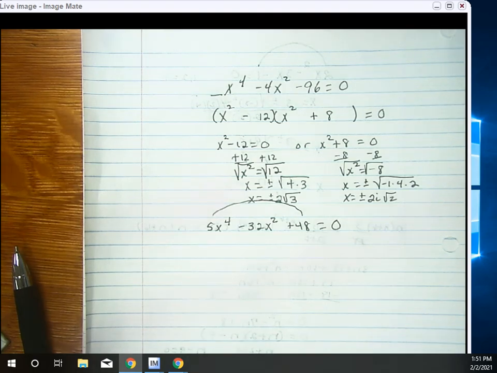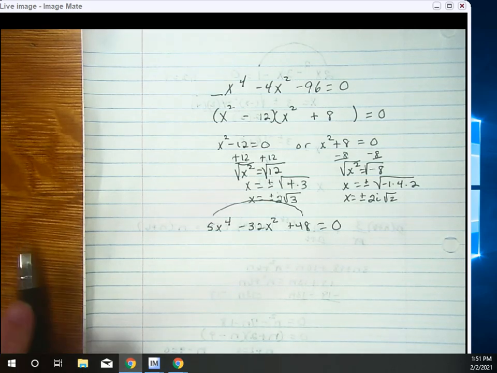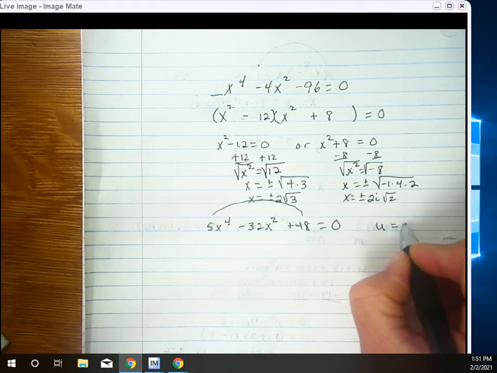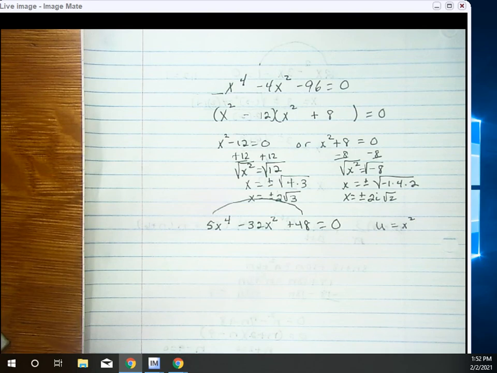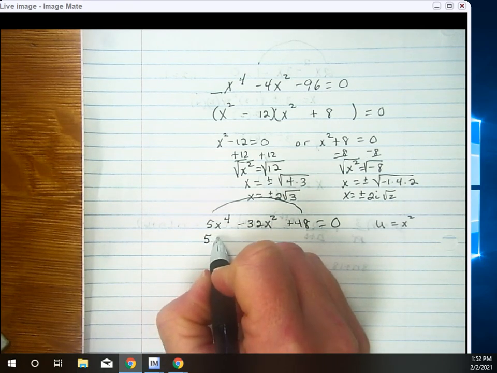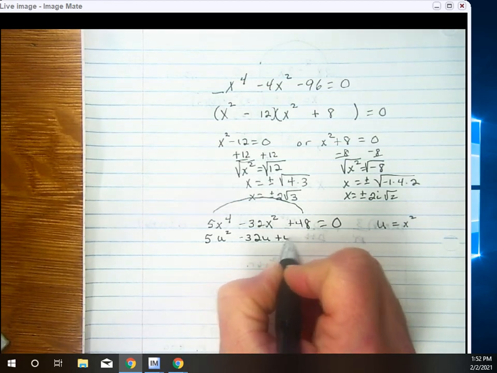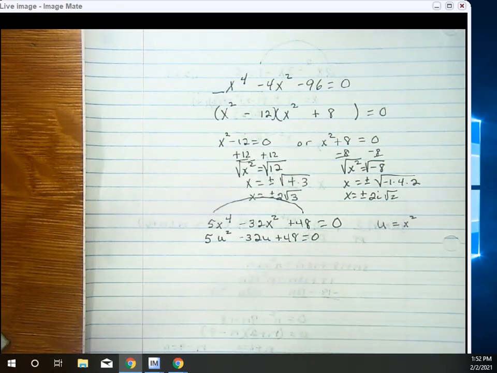I'm going to do something called the u substitution. If I let u equal x squared, then I would have 5u squared minus 32u plus 48 equals 0.